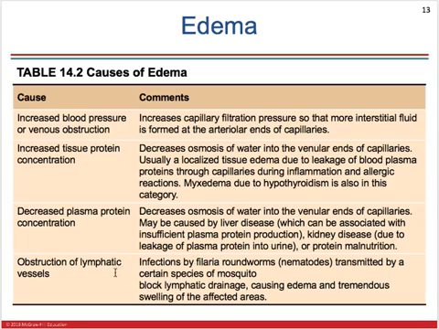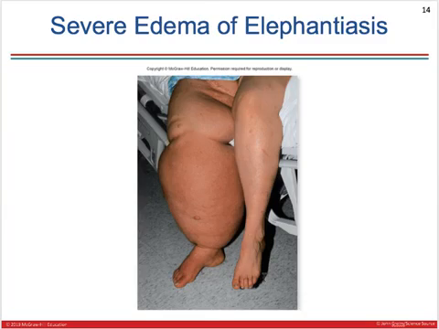What I want to come back to here is this obstruction of lymphatic vessels, and one instance of this is a roundworm that's transmitted by a mosquito bite, and this causes something called elephantitis. And so here's an example of an individual who is affected by elephantitis in their right leg.